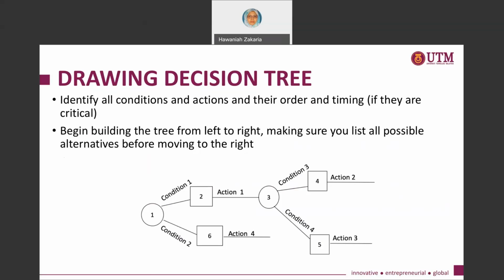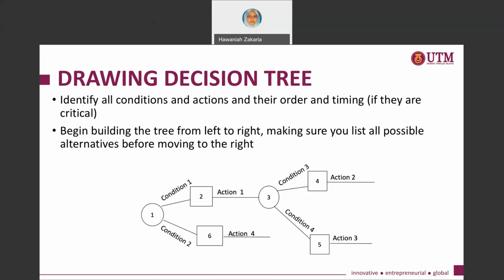Usually how many branches come out from a circle? Usually 2, because you have condition either 1 or 2. You can have more than 2. Once again, it all depends on the complexity of the decisions.